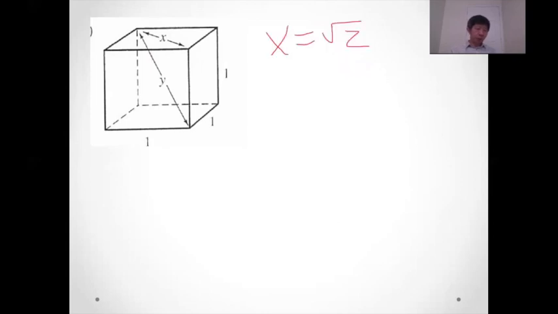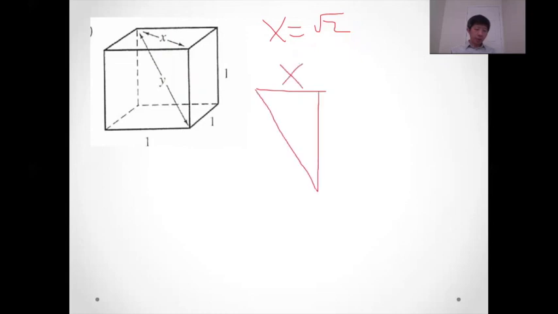Now what about this triangle? Actually, this is a right triangle. This is a right triangle, okay? So square root of 2, this x is equal to square root of 2. And then I'm going to write the triangle like this.